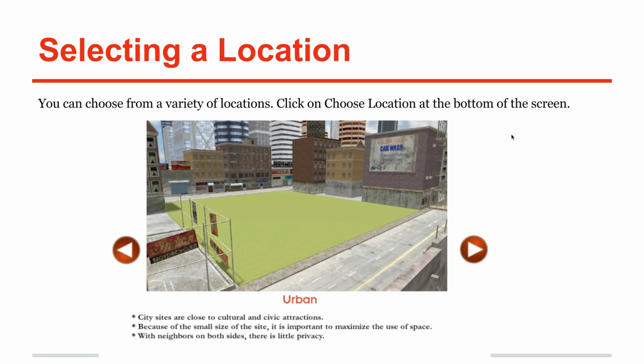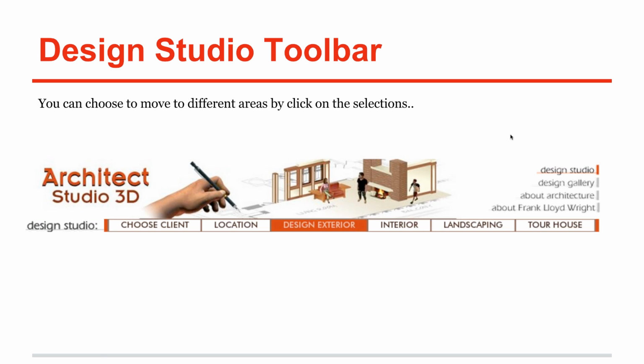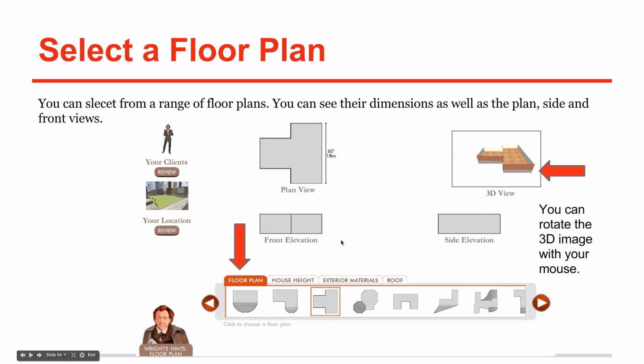All right. Now, this Design Studio bar allows you to move forward or go backwards. Once you pick your client and location, you can go backwards. All right. So if you want to add on, you can do that as well.